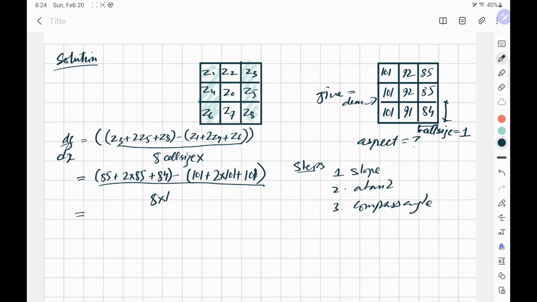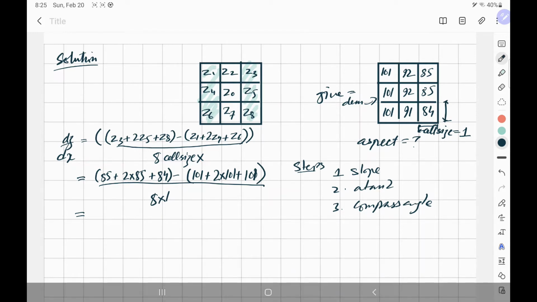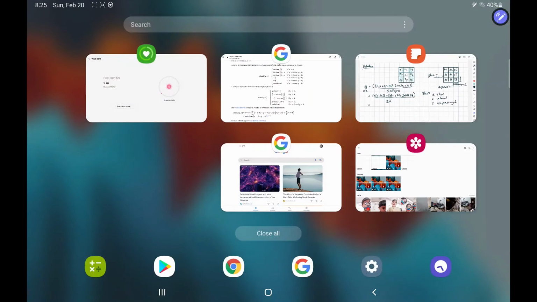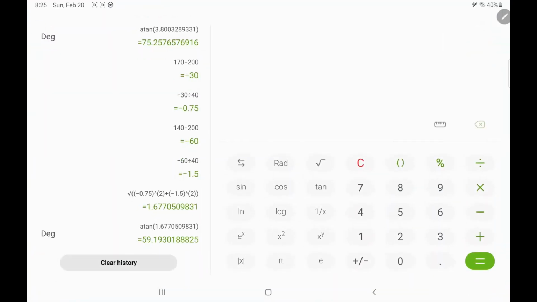I'll perform the calculation: 85 plus 2 times 85 is 3 times 85, plus 84, so it is 4 times 85 minus 1. So let's see what we have. 4 times 85 minus 1 is 339.